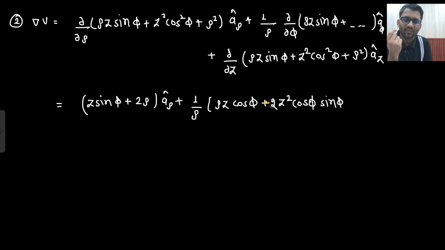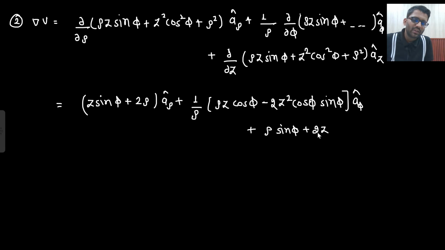So it will be minus sin here. Okay, so that will be a phi plus this will be differentiated, and rho square differentiated with respect to phi will be 0 only. Then here differentiation with respect to z, so z will be differentiated and rho sin phi will come out, plus here 2z cos square phi, and rho square will be 0 only.